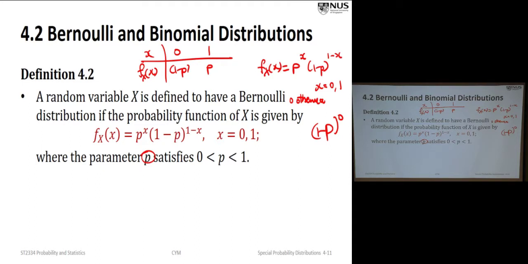I got 100 heads. So what do you think? Most likely, the chance of getting a head is close to 1. That's why you get 100 heads out of 100 tosses. So we'll try to infer the P by getting some data. But at this point, we assume P is fixed. We may not know it.